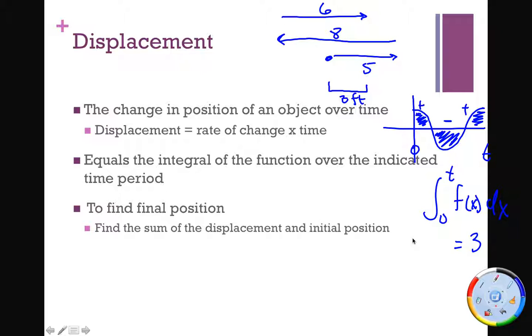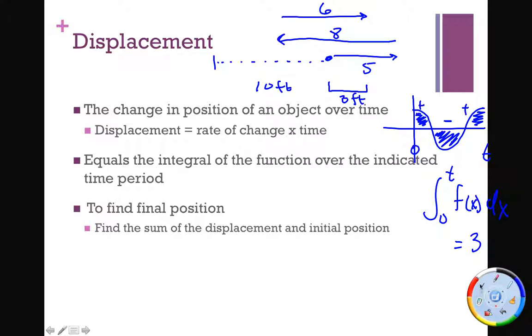If you want to find your final position, you just find the sum of the displacement and the initial position. Let's say you were originally 10 feet from the wall. So your initial position was 10 feet from the wall. Your final position would now be 13 feet from the wall.